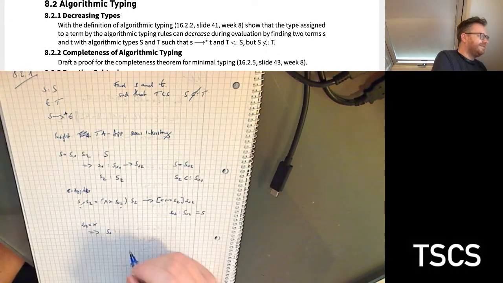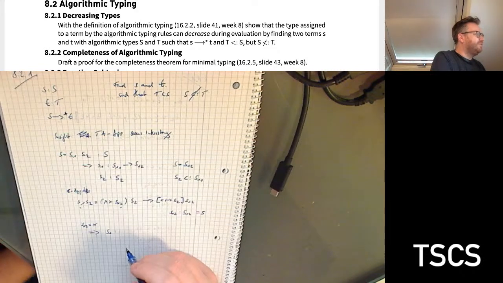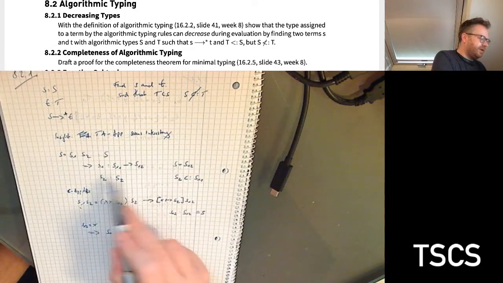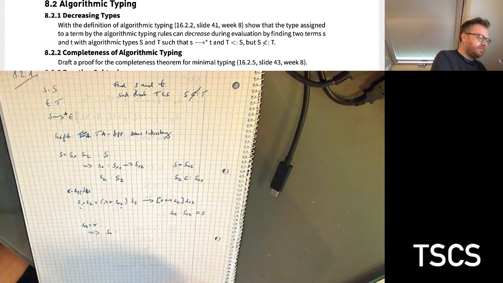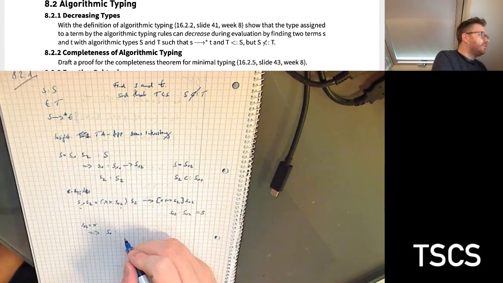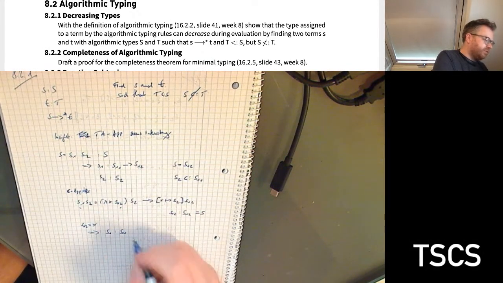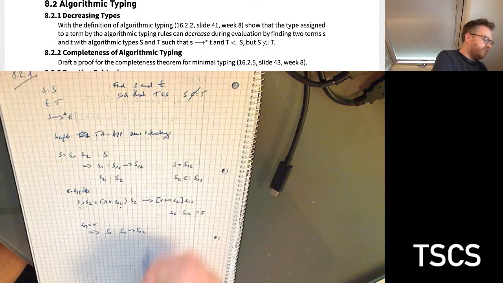S1, sorry. So the type of the thing. So S1 would be, so it's the thing here up there. S1 would be this type of small s1, so S11 to S12.